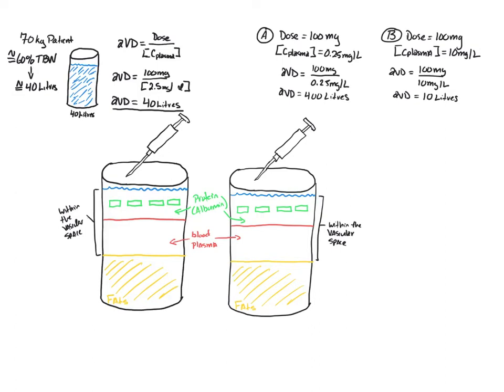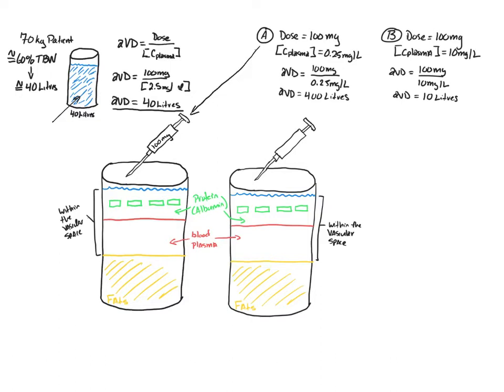What that means is clearly we don't have 400 liters, but let's work this out here. Let's take situation A and conceptualize this. So I put 100 milligrams in. Now we know that the water isn't just floating inside of a bag of flesh willy-nilly, that there are several compartments within the 40 liters of body water.